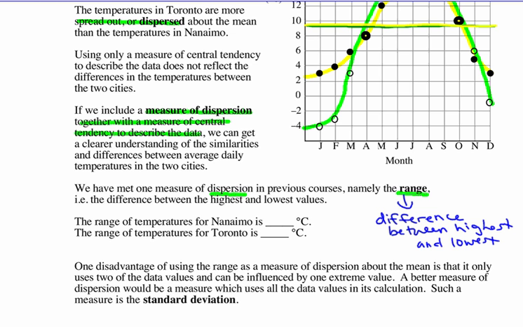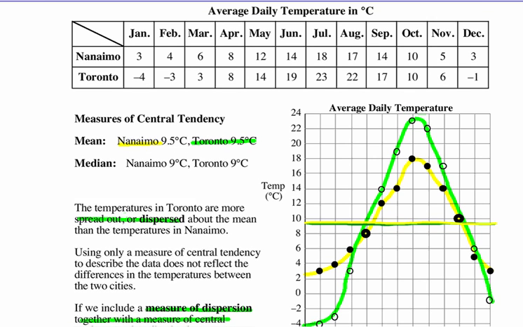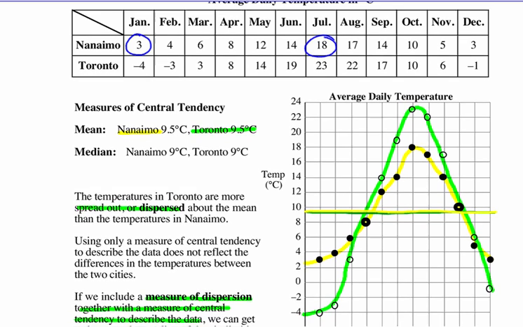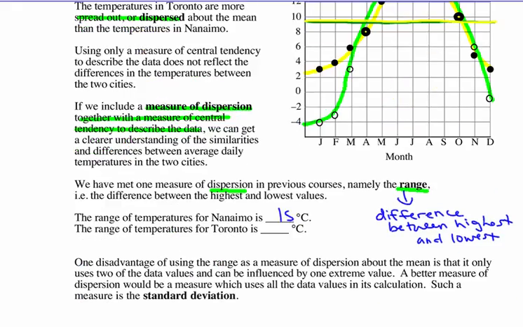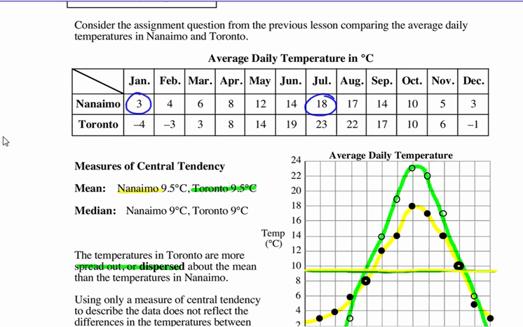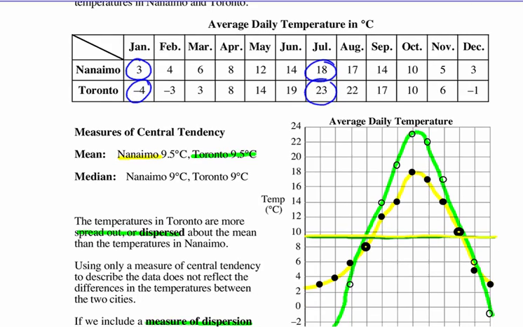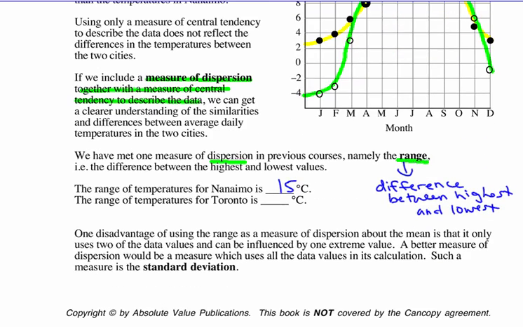Here, what was the lowest data we had for Nanaimo? The smallest was 3, and the highest was 18. So the range of data is 15, 18 minus 3. How about Toronto? The lowest was -4, and the highest was 23. And so the distance is 27 between the two. 23 minus -4 is 27. And so range is one way you can talk about that dispersion.